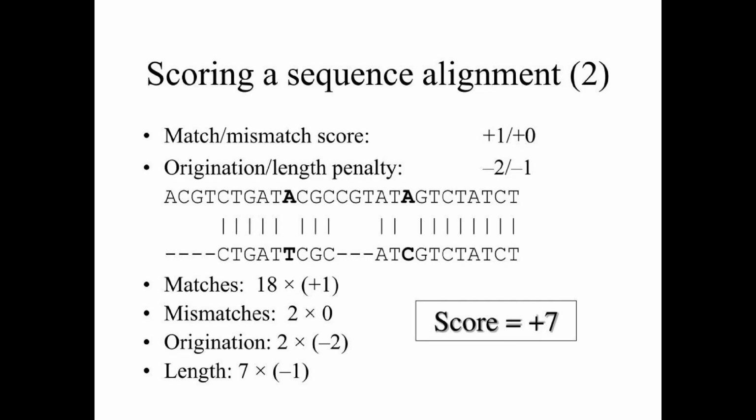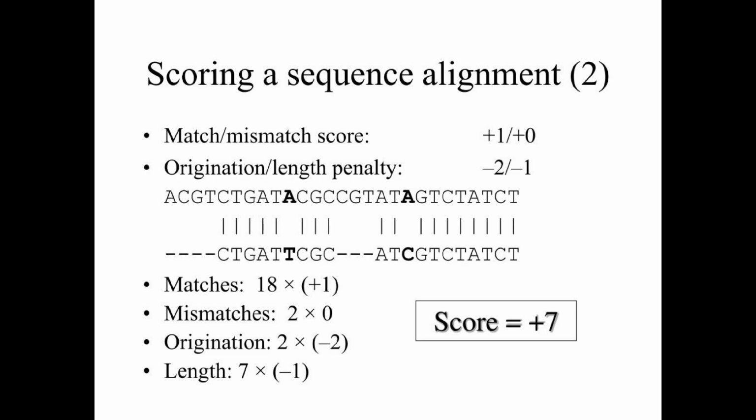So automatically match is 18 into 1, mismatch is 2, that is A and T, A and C. They are mismatching, given in bold letters. Origination: there are two places where gaps are available, so 2 into -2, and for length, 7 gaps are found, so 7 into -1, -7.